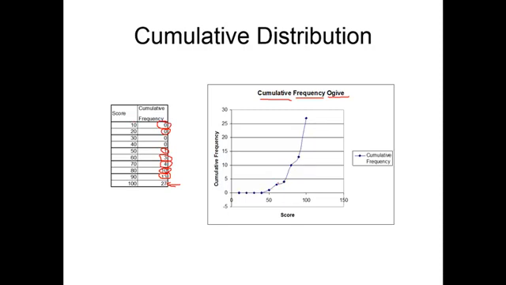So right here, this is at 60, and it has a height of 3. Okay, and so what you can tell about using an ogive is that the steep segments are where things are happening.